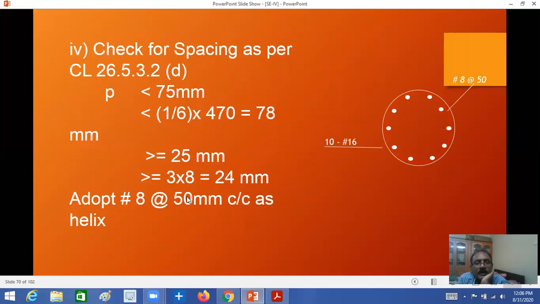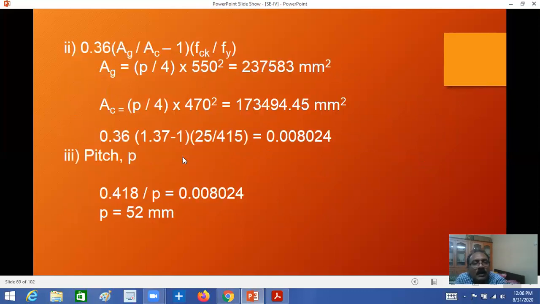So provide 50 mm, and it should be less than 75 mm and more than 3 times the bar. So provide 50 mm center to center of these tie bars.